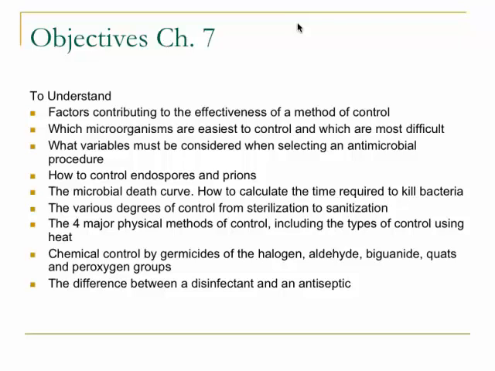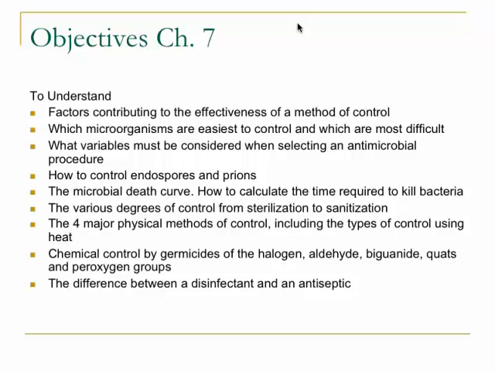And there are varying degrees of control. So as I have been talking about, sterilization is one of the most complete means of control, in that it removes 100% of the microorganisms present on that item or on that surface. But there's a range of controls. We don't always want to sterilize everything.